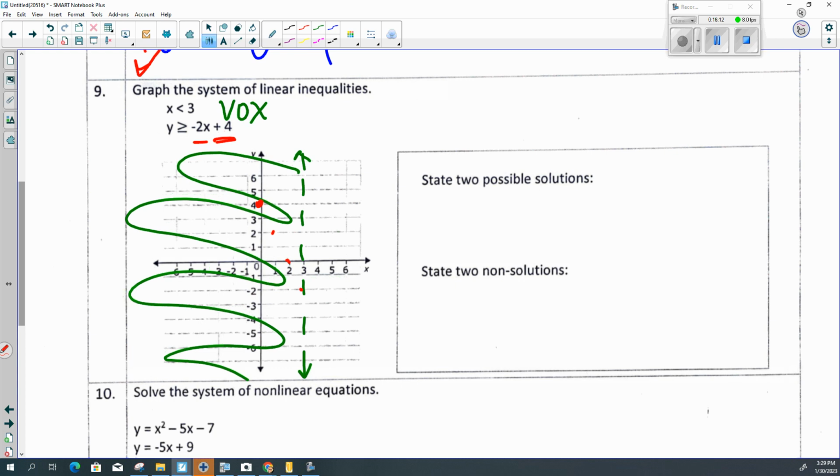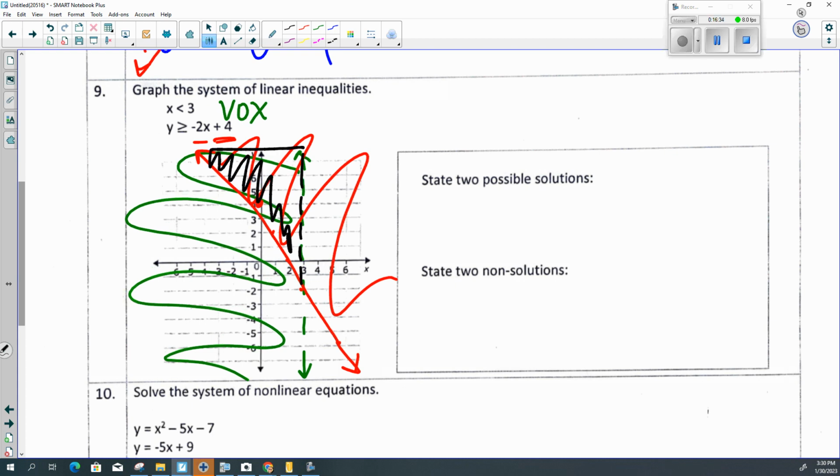Looks like it's solid. I want to try to make it straight so I can see if these are solutions. Y is greater than, so I'm going to shade up here. So the part that's double shaded is here. And it obviously keeps going forever, but that's what I'm looking at.